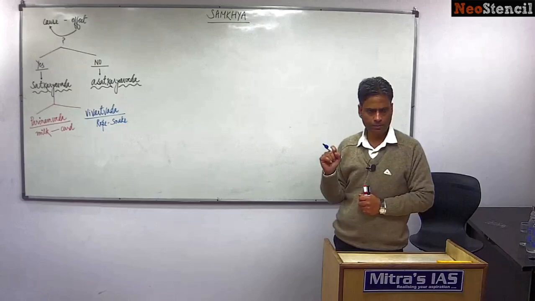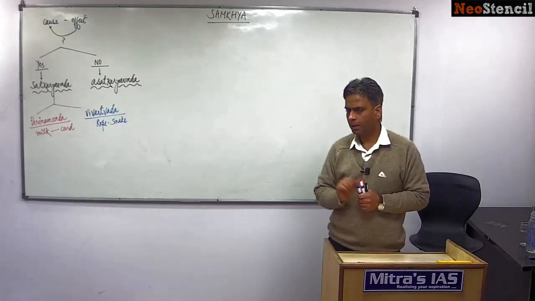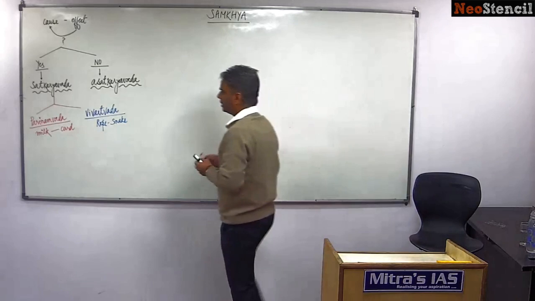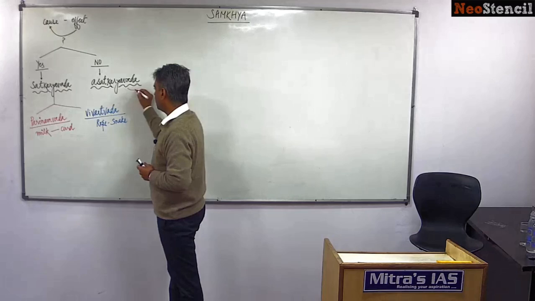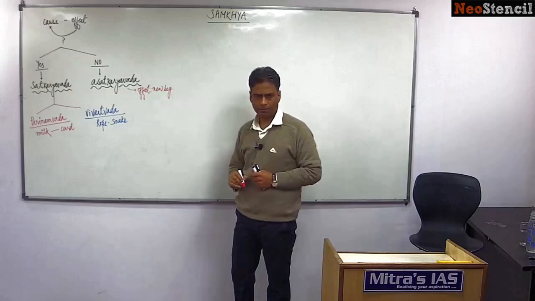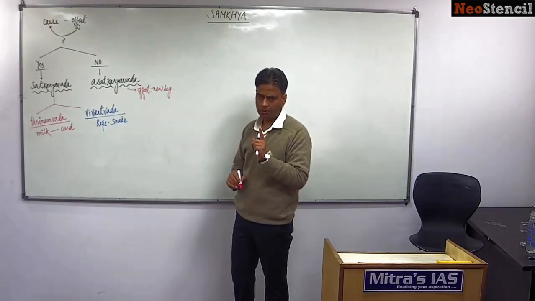Now some school will be following Parinamvad, some school will be following Vivartavad, and some school would be following Asatkaryavad. And according to Asatkaryavad, effect is a new beginning. It is not implicit in the cause.